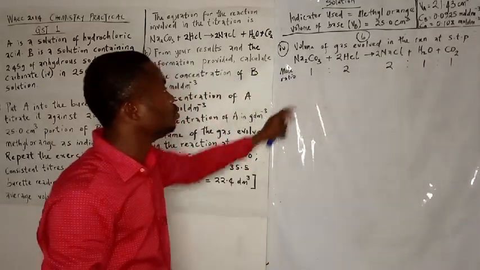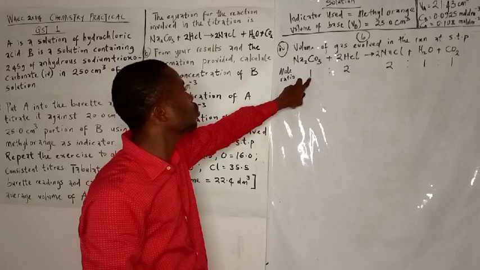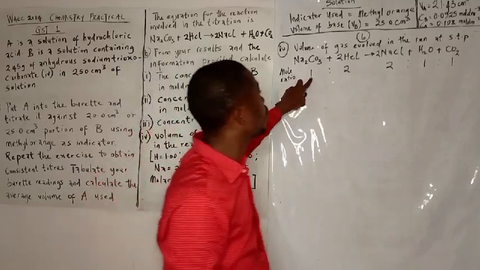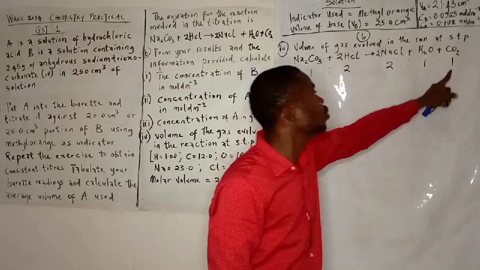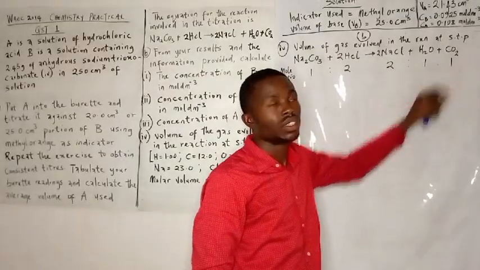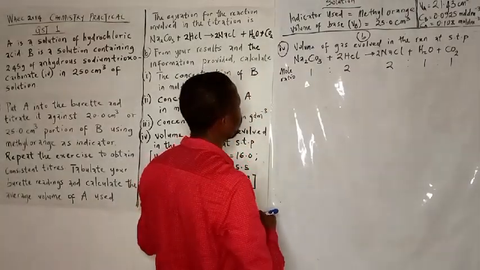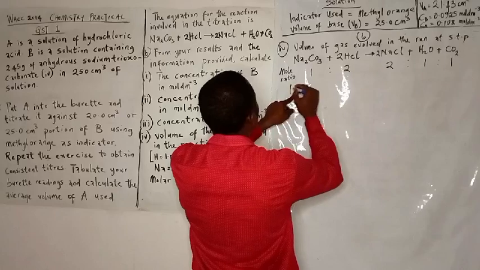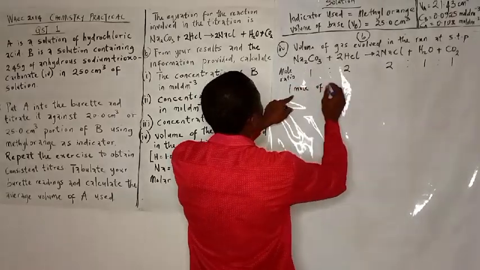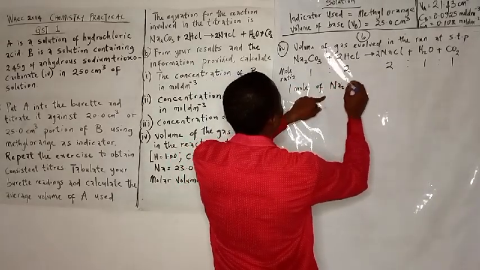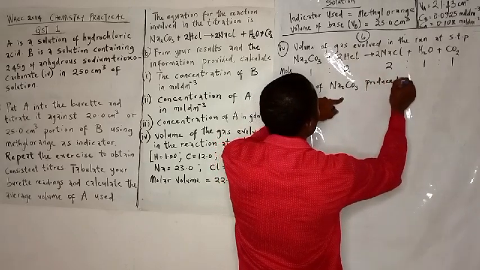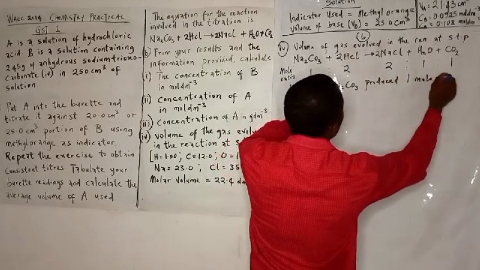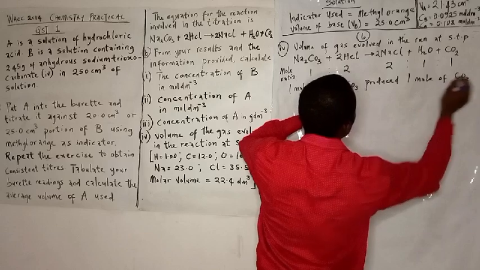So when we look at the mole ratio, we have it that 1 mole of sodium carbonate involved in this reaction produced 1 mole of CO2 gas. So we say 1 mole of this produces 1 mole of CO2.